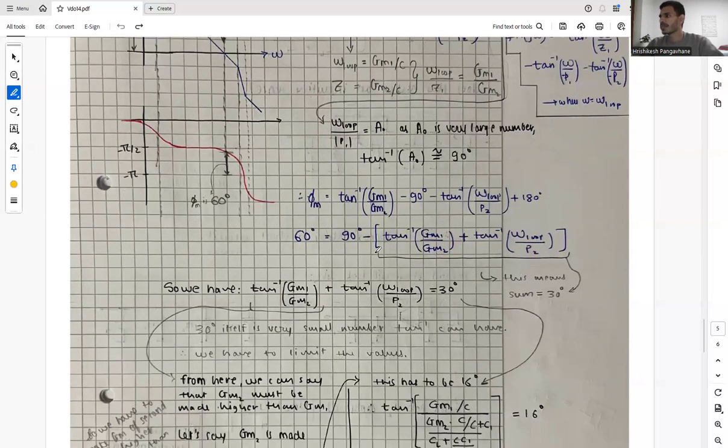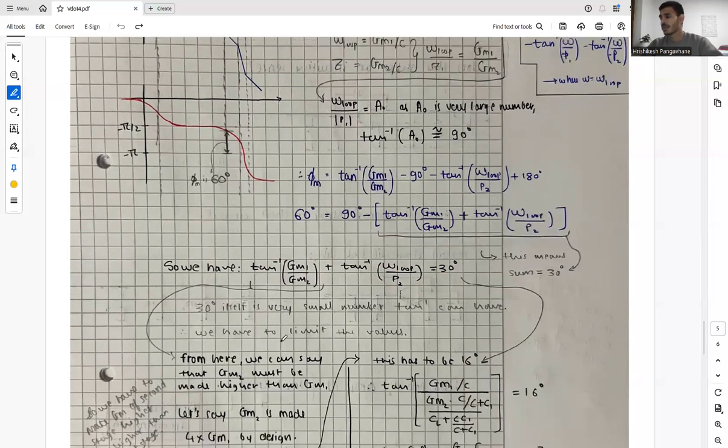So only this part has to sum to 30 degrees, as 60 degrees is 90 minus 30 degrees. We know gm1 by gm2 is a high value. So we have to consider these two terms, and the summation should be 30 degrees, which is a very small number for tan inverse.